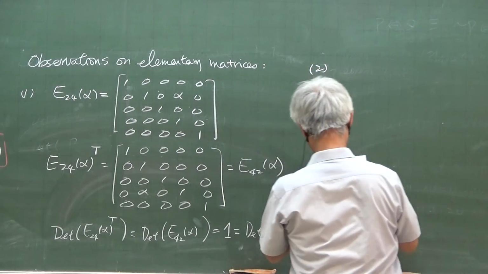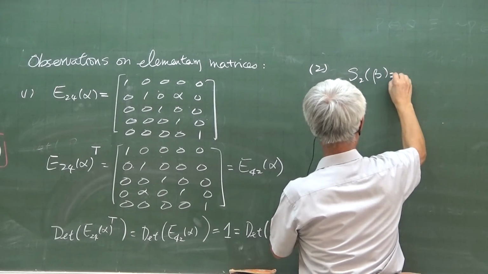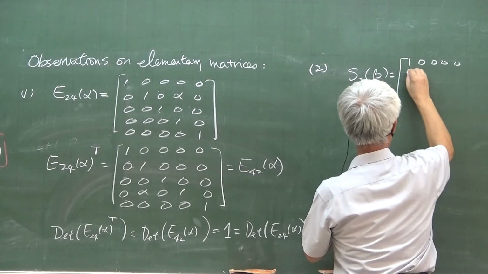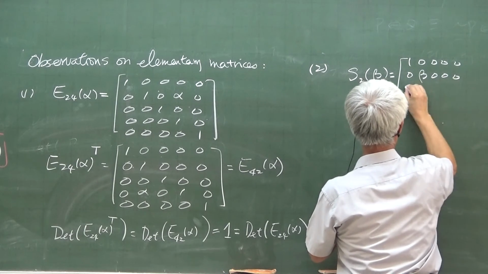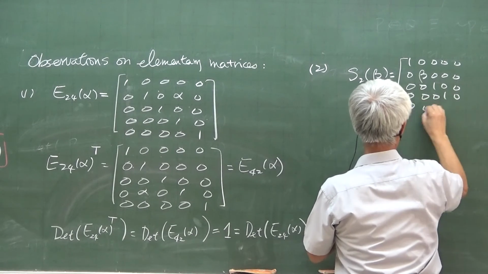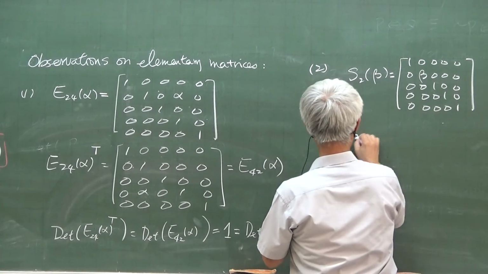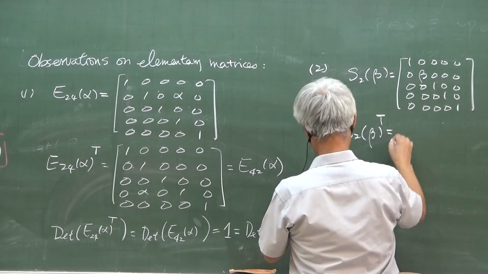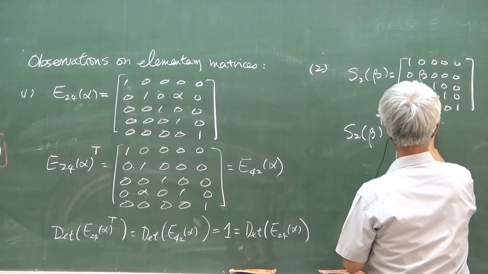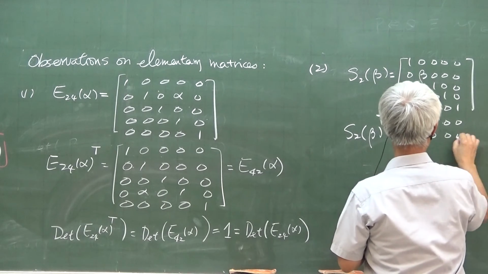How about scaling? For example, this is 1, 0, 0, 0, 0, 0 beta, 0, 0, 0. So its transpose: because this is a diagonal matrix, the transpose will not change at all.